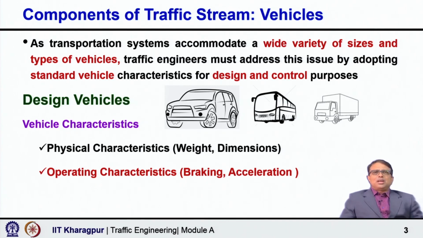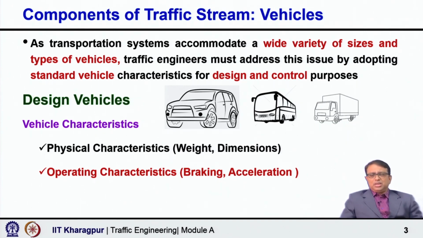So, traffic engineers must address this issue by adopting standard vehicle characteristics for design and control purposes. You know that not all roads are used for all purposes. The accessibility and mobility functions will decide which road is designed primarily for accessibility or primarily for mobility.